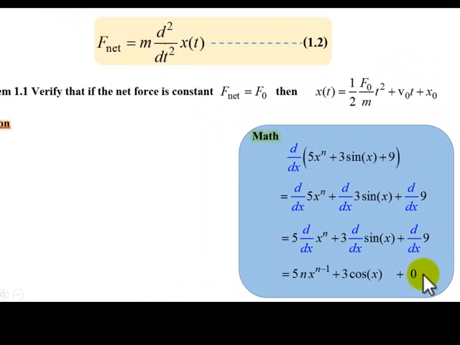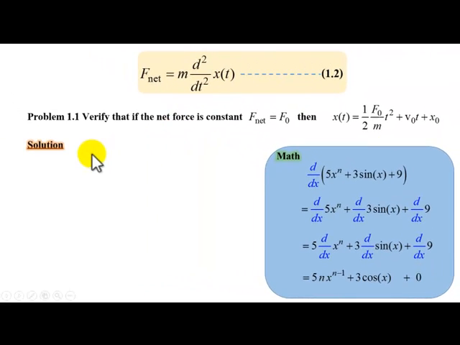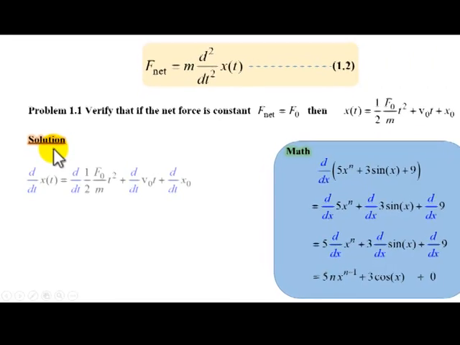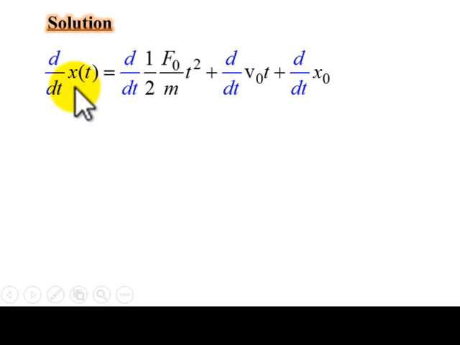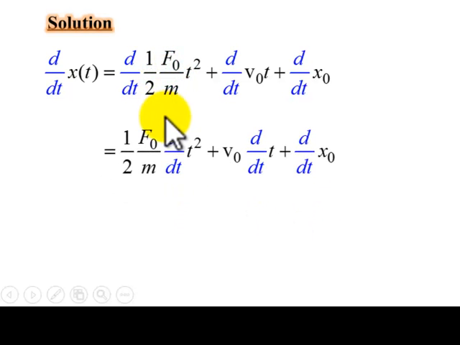Coming back to problem 1.1. In the first derivative of x with respect to time, we can expand the derivative into the sum of three separate terms. In the first term, since 1/2, f0 over m are constants, we can take them outside.